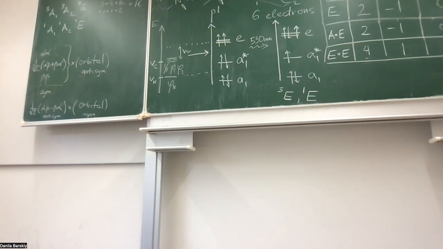And I'm not going to explain where this comes from, but actually it's quite logical if you really think about it. So let's say you have some irreducible representation, and you find this direct product, and you want to find which part corresponds to symmetric and which corresponds to antisymmetric.